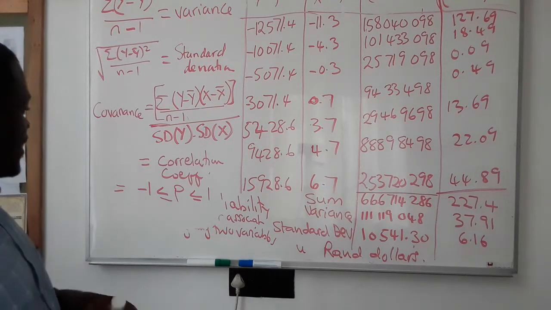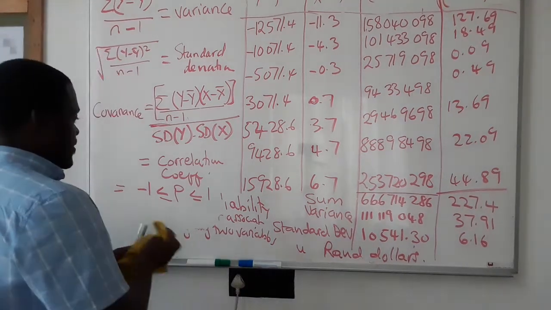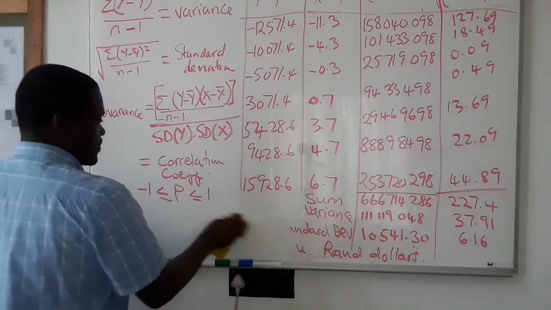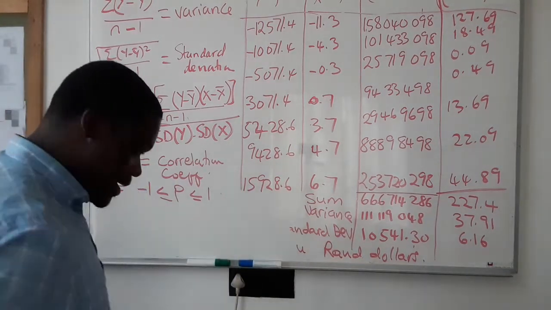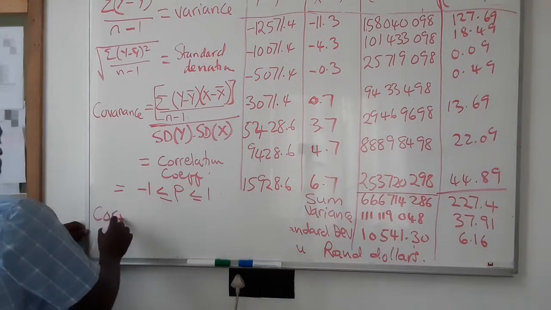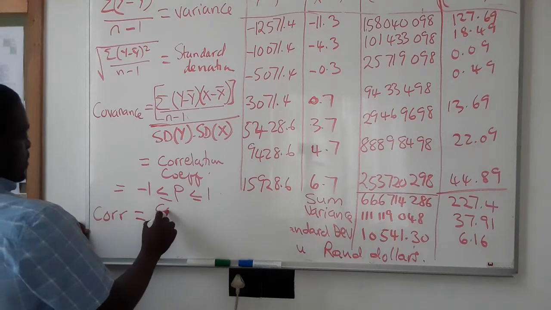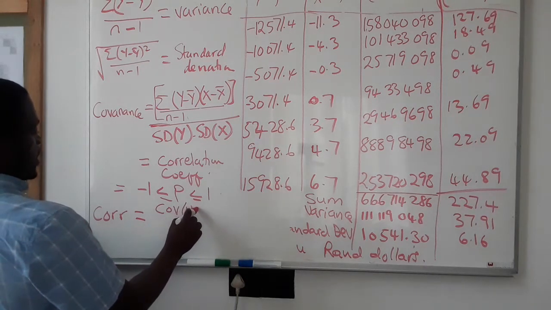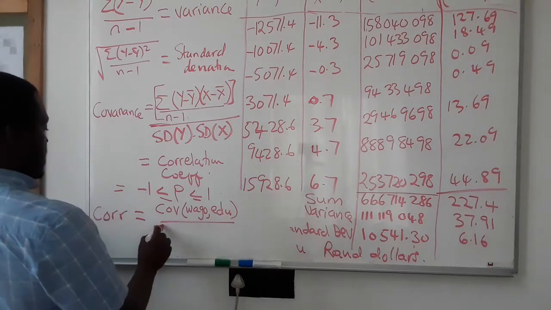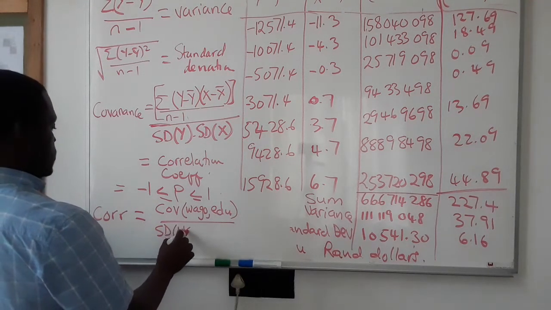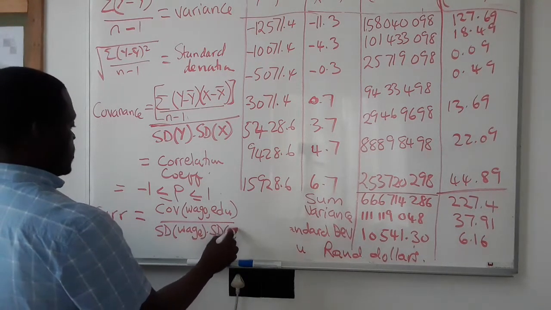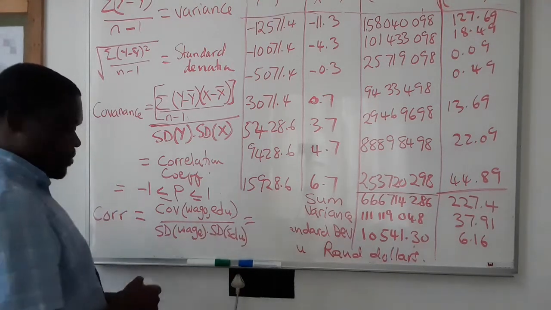Do you see that? So now, given that we have calculated the components of our thing, we want to find the correlation coefficient, which we said is equal to the covariance of wage and education divided by the standard deviation of wage times the standard deviation of education.